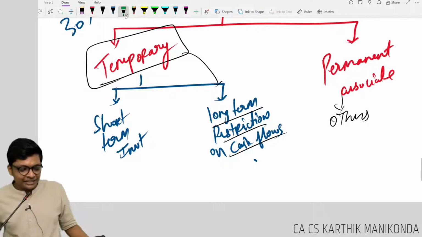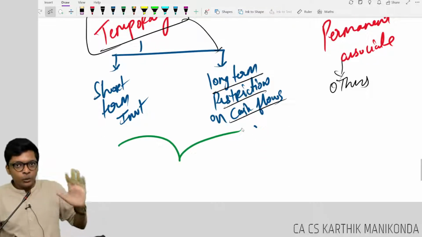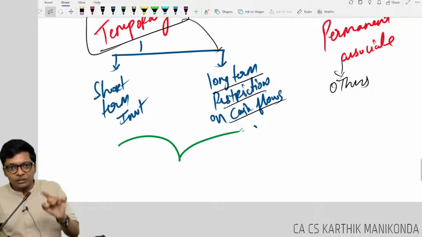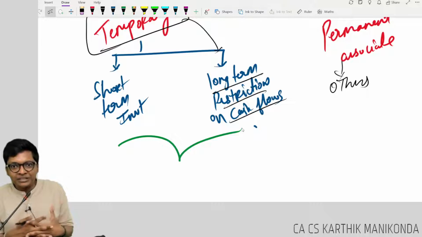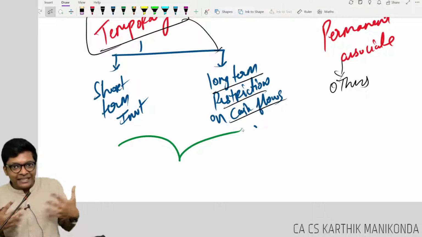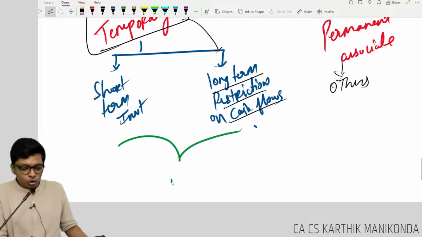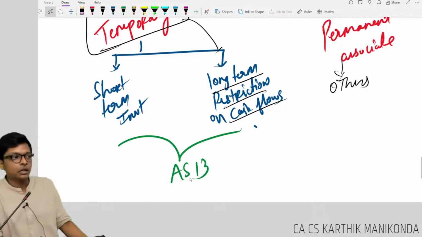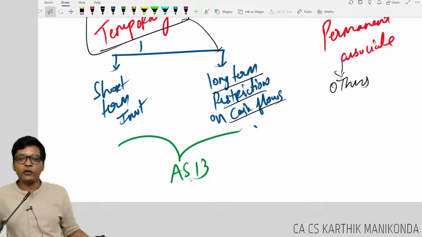So the standard says temporary investments, both of these, will not be valued as per AS 23, because it's not an associate that meets my criteria. I don't have influence. The intention is different. Are you following? So we will account as per AS 13, accounting for investment. Treat it like any other investment. Are you following, guys?